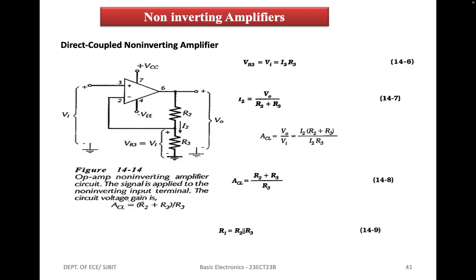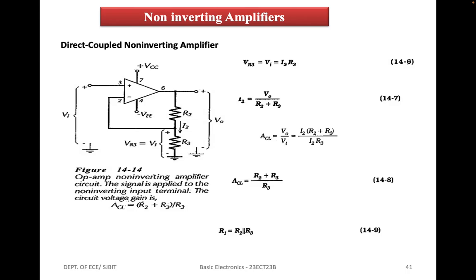Instead of all of the output voltage being fed directly back to the inverting input terminal as in a voltage follower, only a portion of the output voltage is fed back. The output voltage is divided by the resistors R2 and R3, and the voltage across R3 is applied to the inverting input terminal.